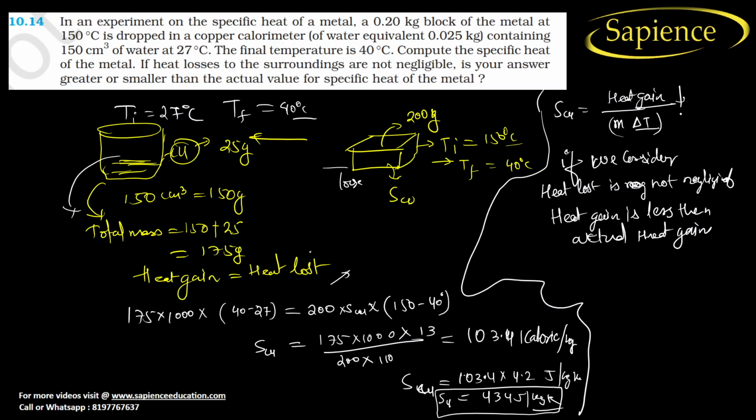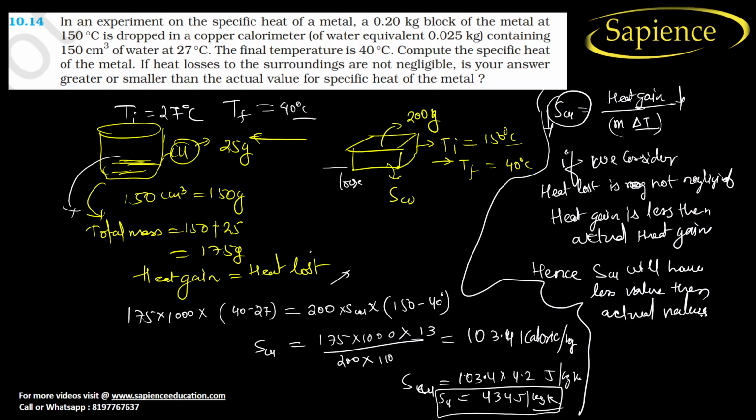So if the heat gain is less, what will happen? Hence the specific heat of the copper will also become less, so it will have a lower value than the actual value. Okay. So I hope you have understood this question.